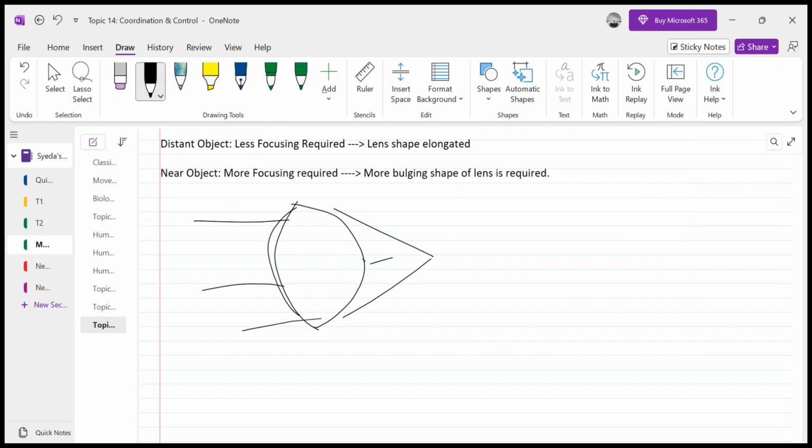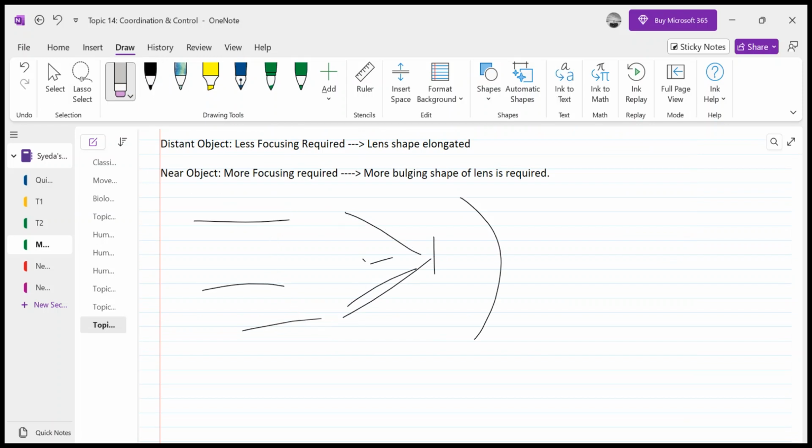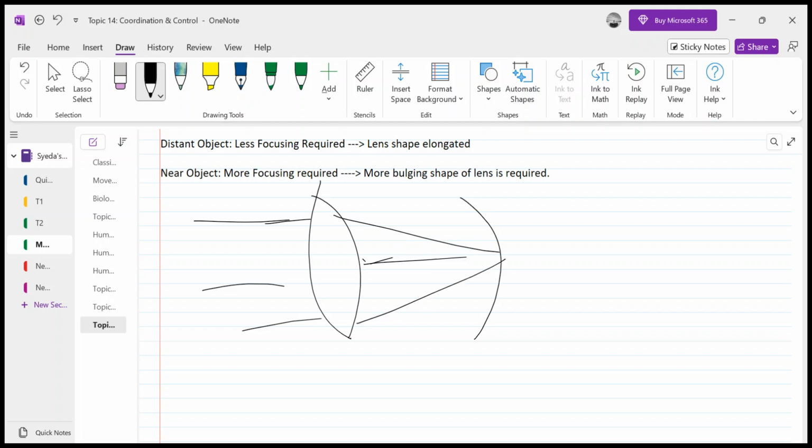If there is a more convex lens, the light would be refracting more, which would make the light get focused at a place earlier, before the retina. And if the lens is less curvy, thin, elongated, it would focus the light less, and the light would be focused right at the retina in the case of far objects.